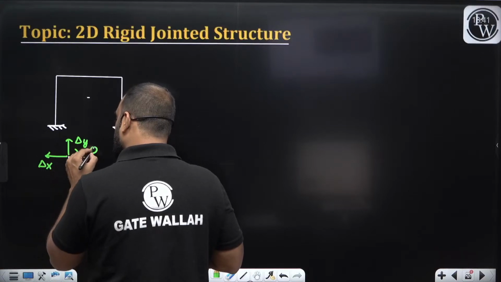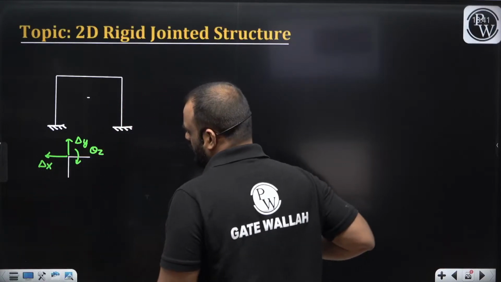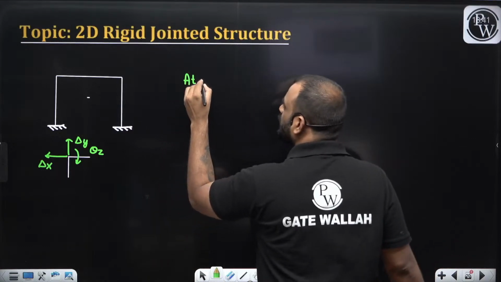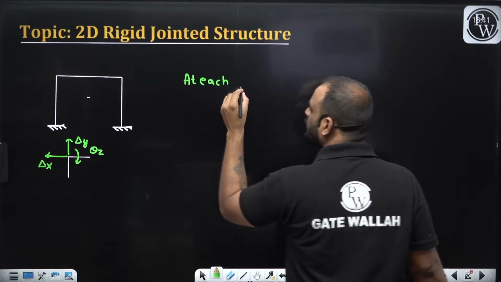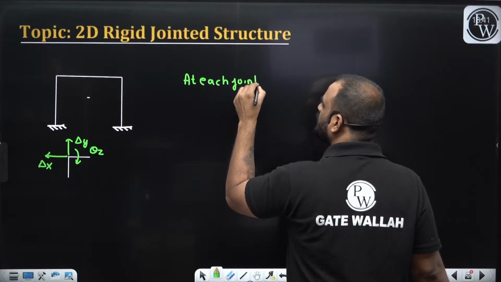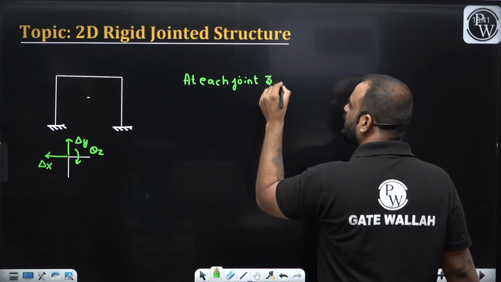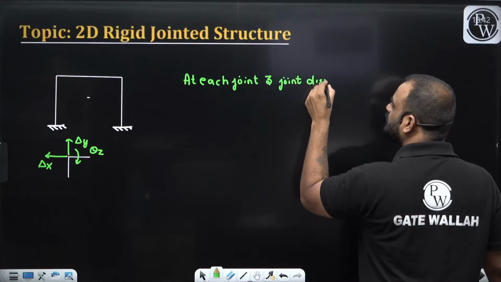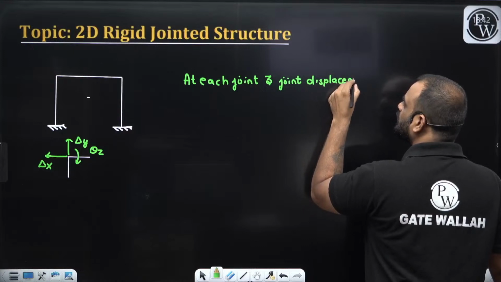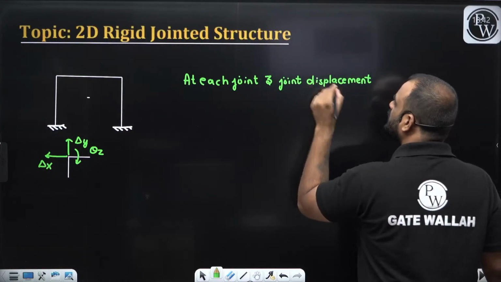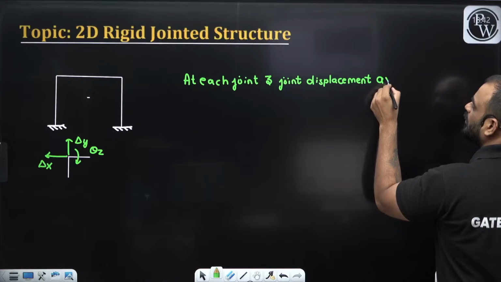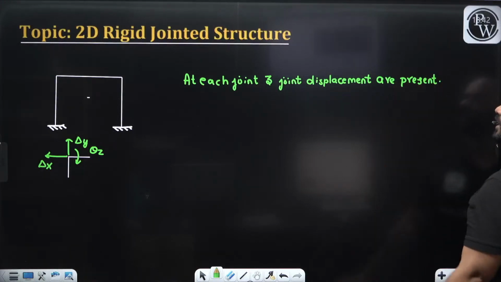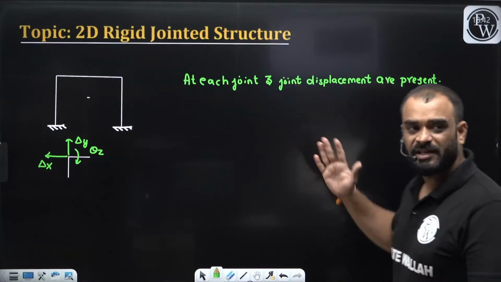So I can write here: at each joint, 3 joint displacements are present, which are delta x, delta y and theta z.